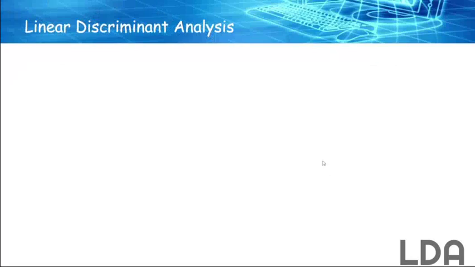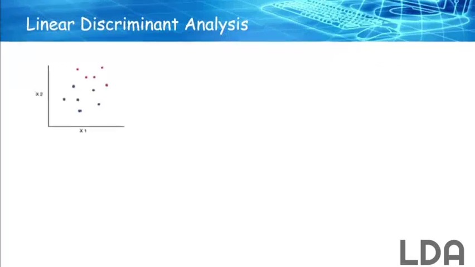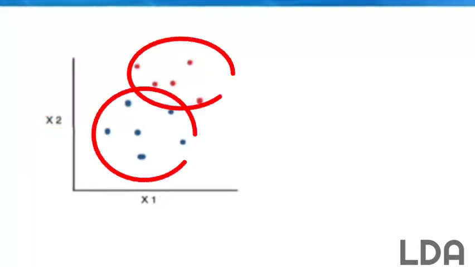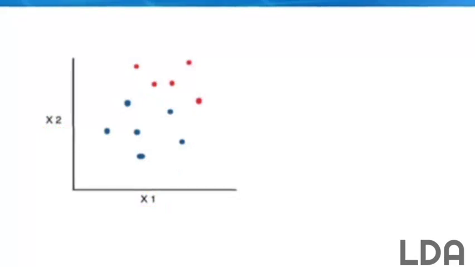Now we'll see the practical approach of linear discriminant analysis. Let us consider a situation where we have plotted a relationship between two variables, represented in different colors, red and blue, in a graph with the two variables x1 and x2. Those are the two features. If we want to reduce the number of dimensions to 1, we can just project them onto the x-axis like this.